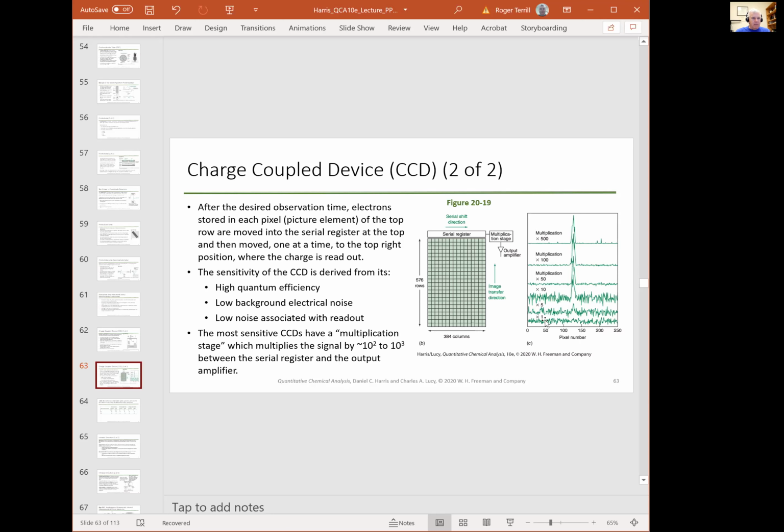So, for example, on this graph they have pixel number versus photon count. You might have the pixel number along the 384, and then the 576 is another direction.